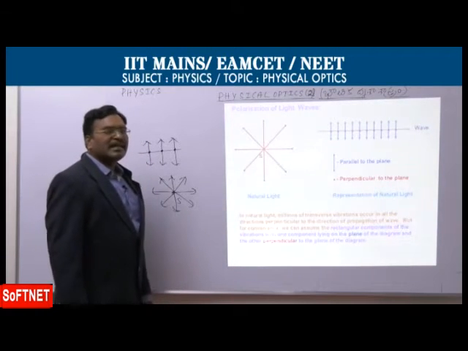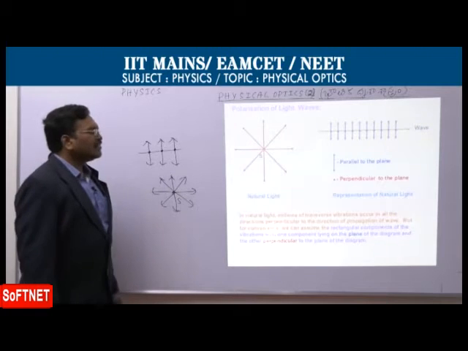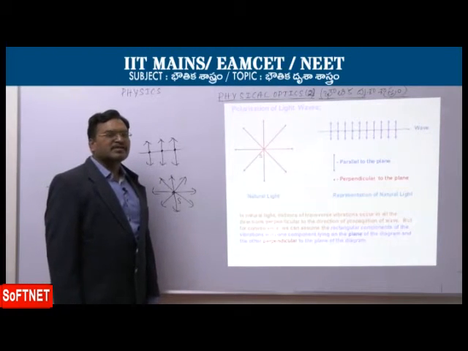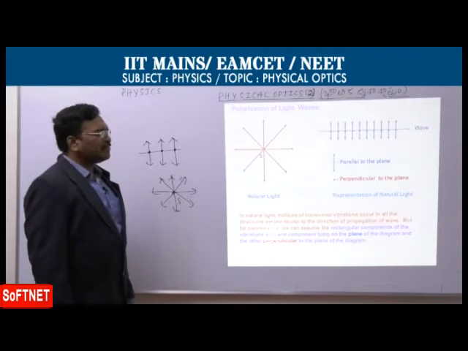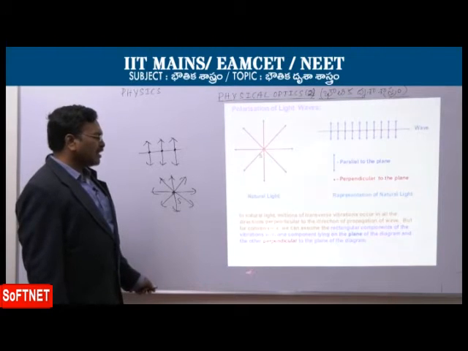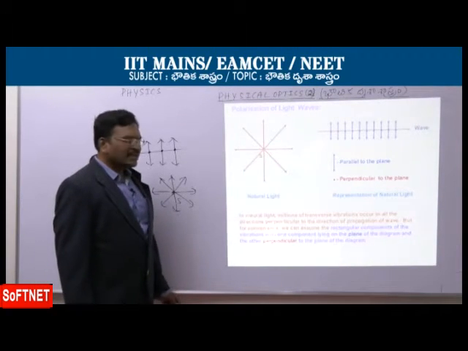Some electric field vectors vibrate perpendicular to the plane of incidence, some vibrate parallel to the plane of incidence.